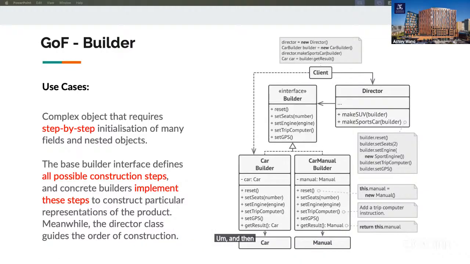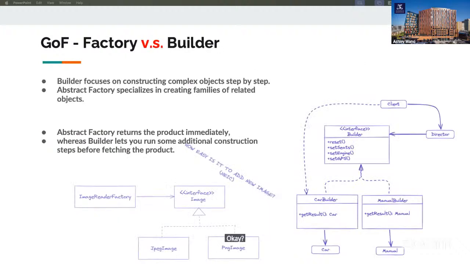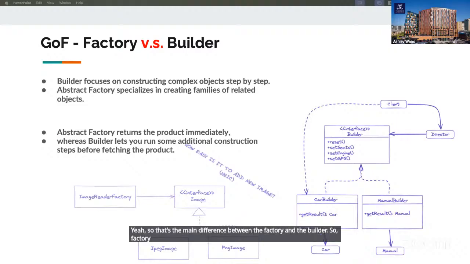Then it's probably not ideal to use the factory pattern, but instead you can use the builder pattern, so you can create it step by step. So that's the main difference between the factory and the builder. Factory is more about simple and straightforward creation, and builder is about a complex object that you need to create step by step.